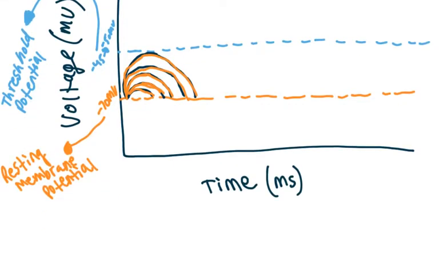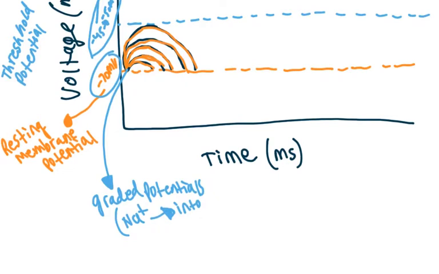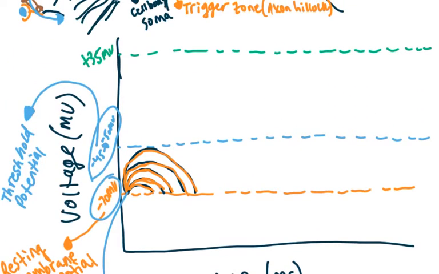When we go from negative 70 to threshold potential, before we actually hit that threshold potential, that's because of the graded potentials that our neuron receives, and mostly because of the sodium cations that flow into the neuron as the positive excitatory neurotransmitters bind to the receptors of the dendrites.